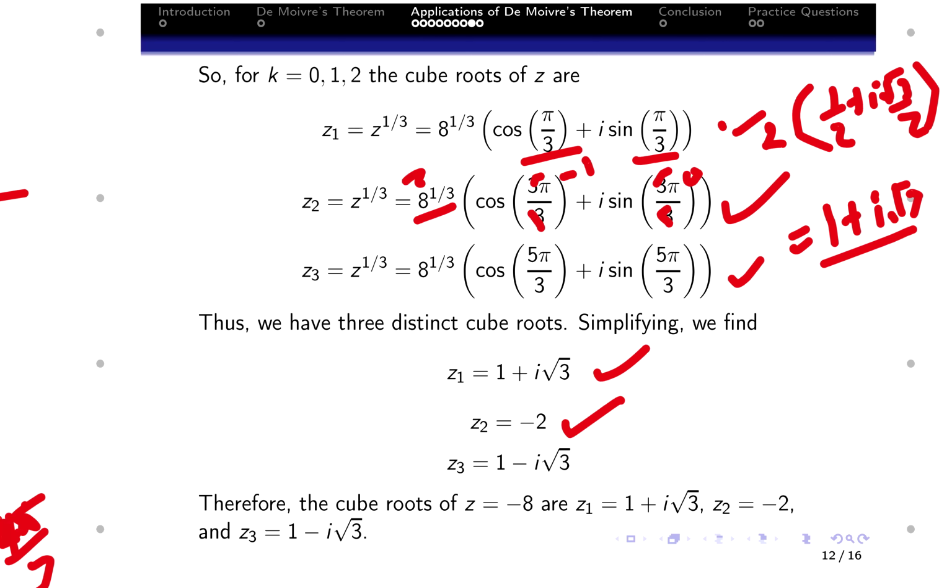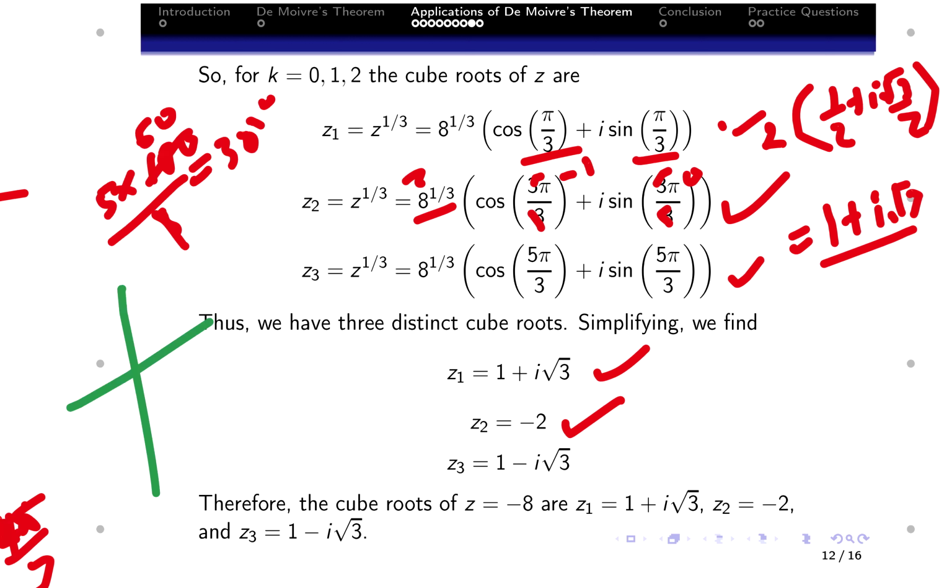And lastly here, we have 5 pi over 3, which means 5 times 180 divided by 3. 180 over 3 is 60, and 5 times 60 is 300 degrees. So 300 degrees is between 270 and 360 degrees, the fourth quadrant, where only cosine is positive.